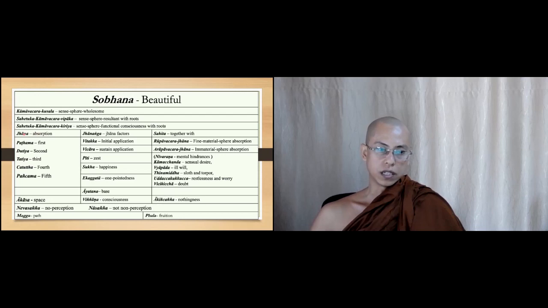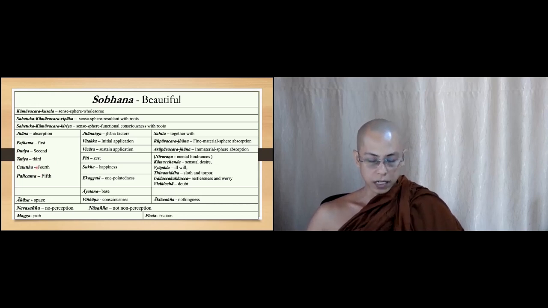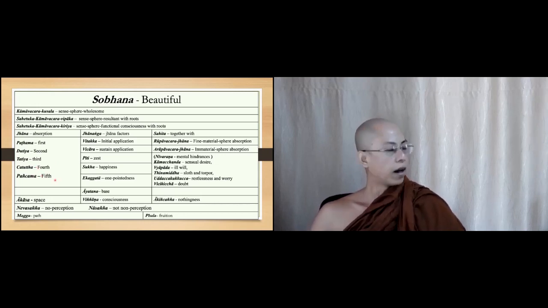That's called jhana absorption, a certain level of concentration. We classify it into 5: first jhana, second jhana, third jhana, fourth jhana, and Pancama is fifth jhana. This classification comes in the Abhidhamma, but not in the Suttanta. Suttanta introduces only 4 categories.